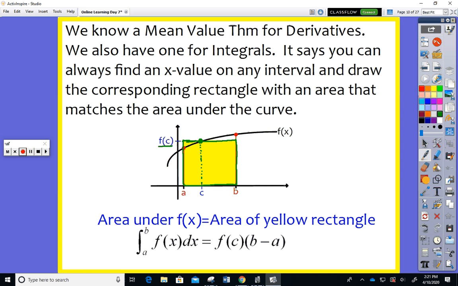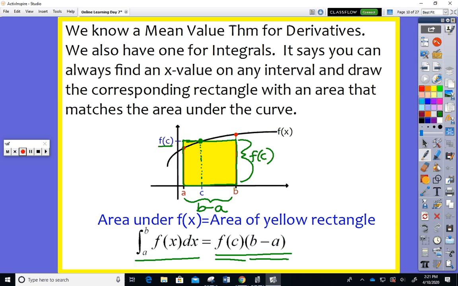So again, this represents the area under the curve of f of x from x equals a on the left to x equals b on the right. This represents the area of the rectangle. So b minus a is the base width of the rectangle, and f of c is the height of that rectangle.